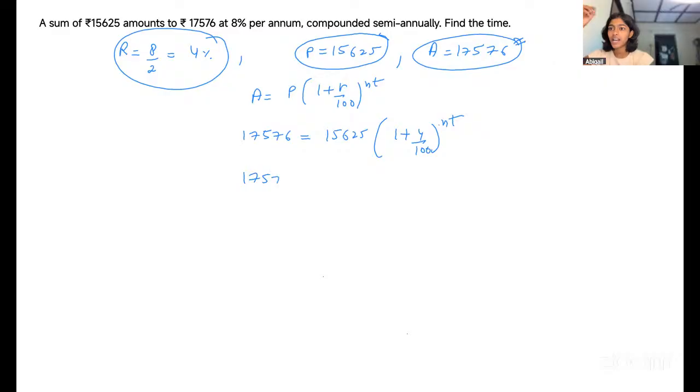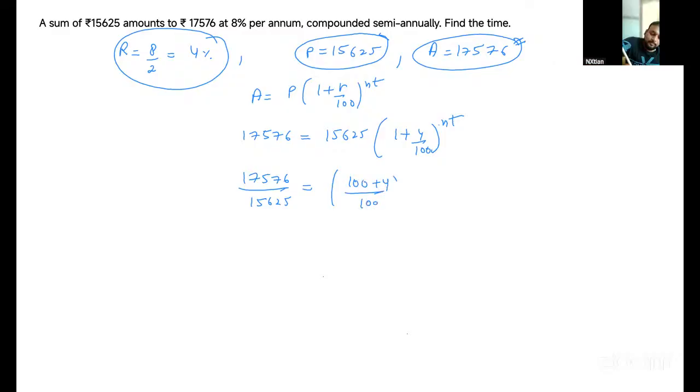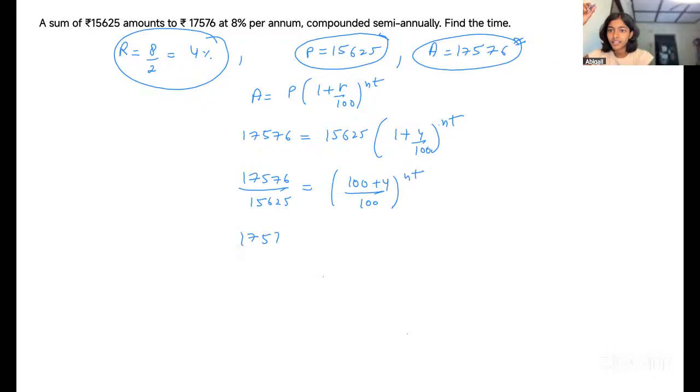Then we'll put 100 plus 4 whole divided by 100. In the next step, we write the same thing. Then 104 by 100.